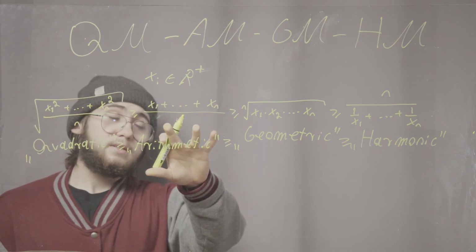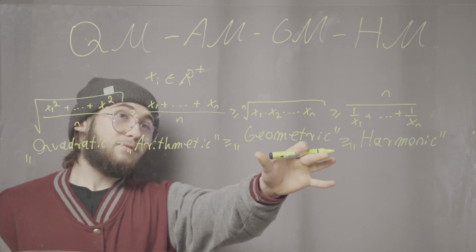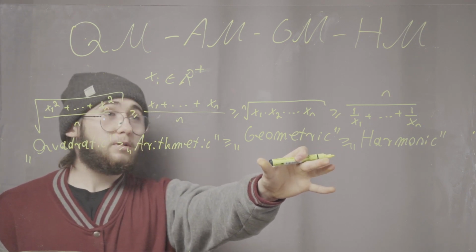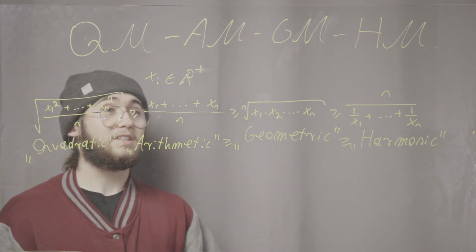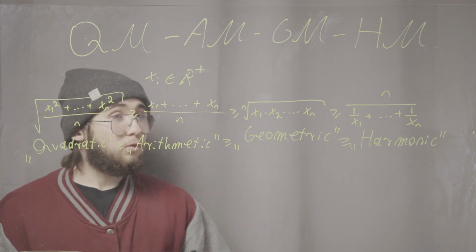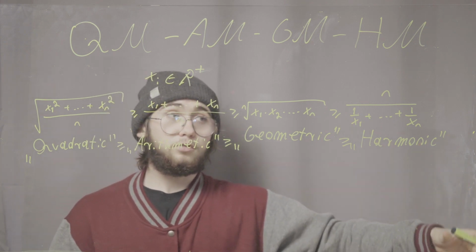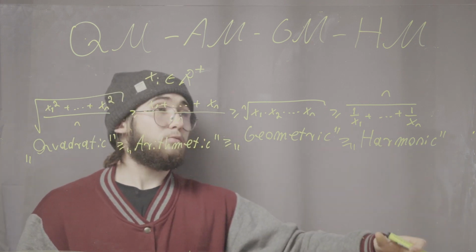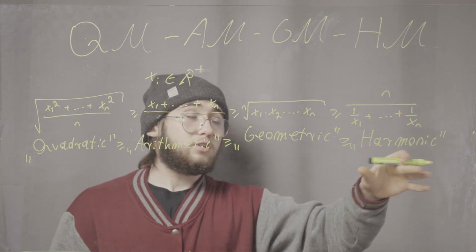That arithmetic mean is supposedly, because we're going to prove it today, greater than or equal to the geometric mean, which is just the nth root of their product, where n is the quantity of those numbers, and that geometric mean is greater than or equal to the harmonic mean, which is just the quantity of those numbers divided by the sum of the reciprocals.